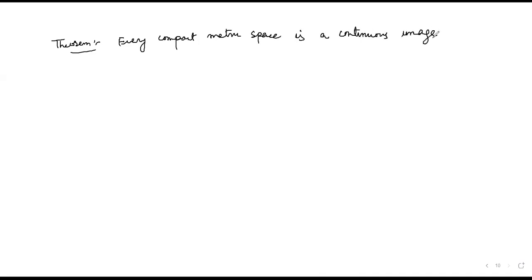Okay, now we come to the theorem that we actually have to do. Let me state the theorem. It is: every compact metric space is a continuous image of the Cantor set.